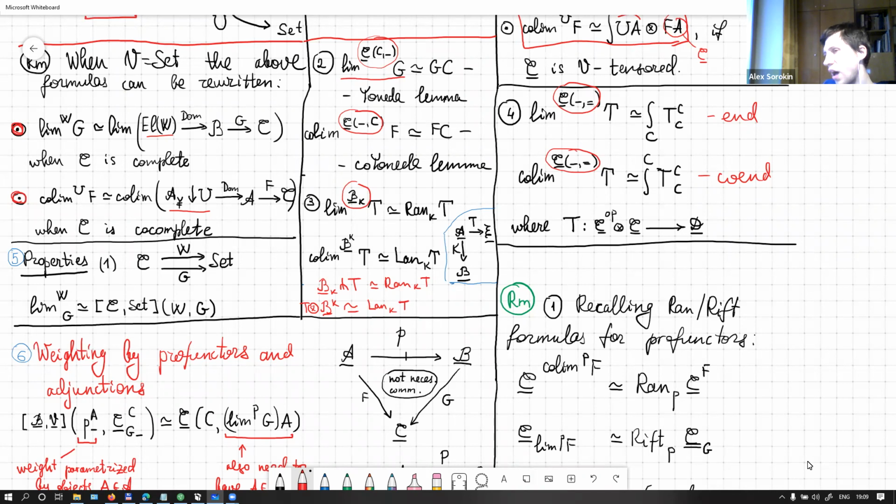From this point, I want to jump a little further and first of all reveal some hidden machinery, and second of all, I want to get rid of this inconvenient thing when we need to talk about covariant functors for limits and contravariant functors for colimits. We can talk about profunctors, and the weight being a profunctor, and not think about whether it is covariant or contravariant. Here is what I mean.